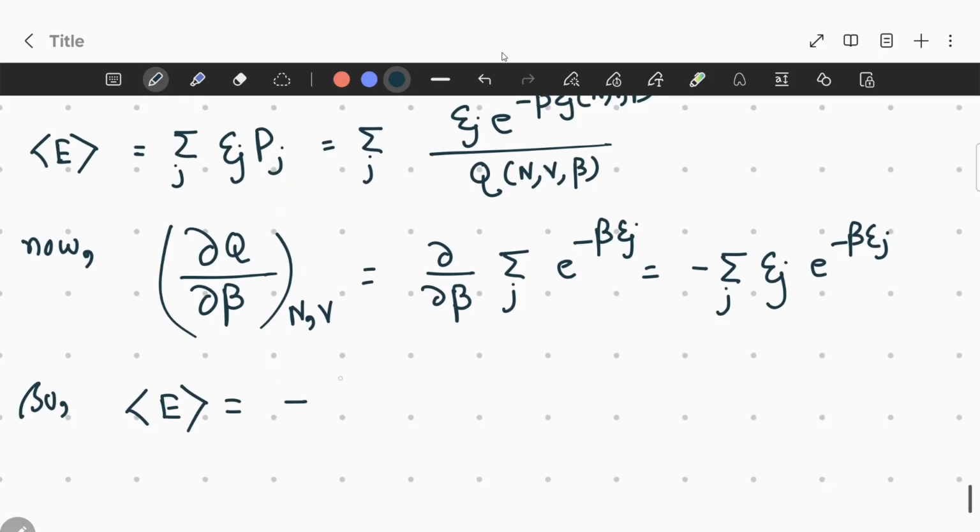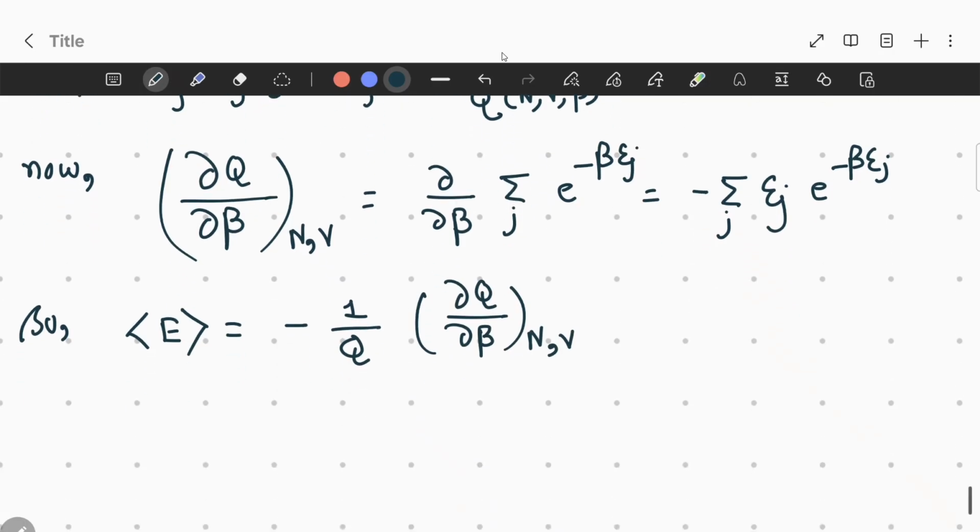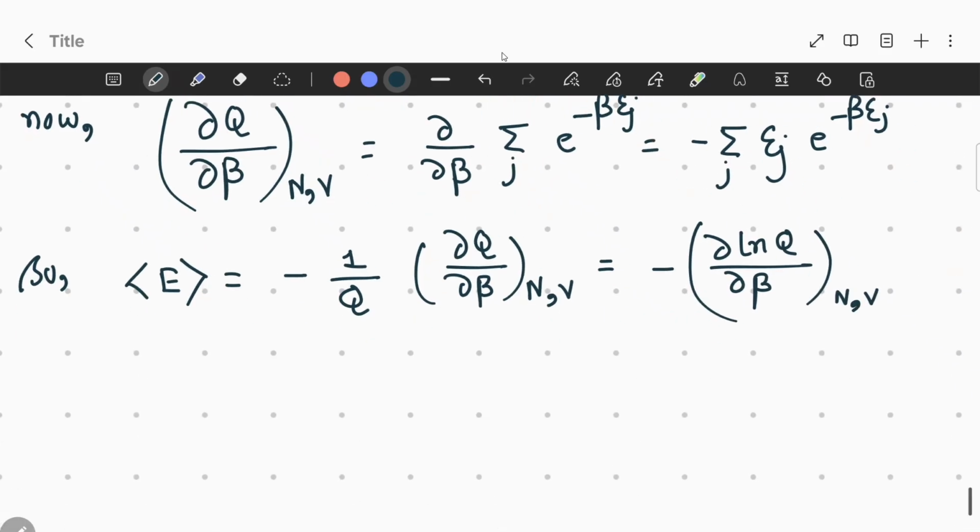The denominator is just Q. The numerator we can write as del Q del beta. This is one form.